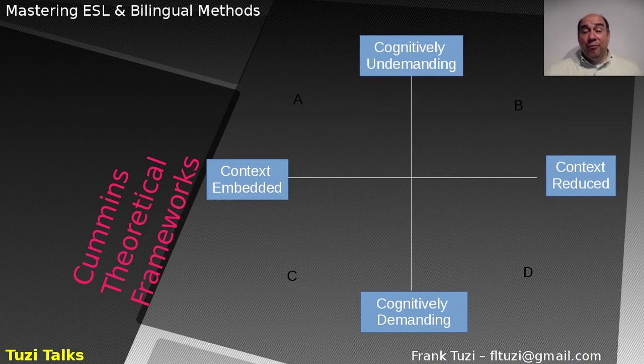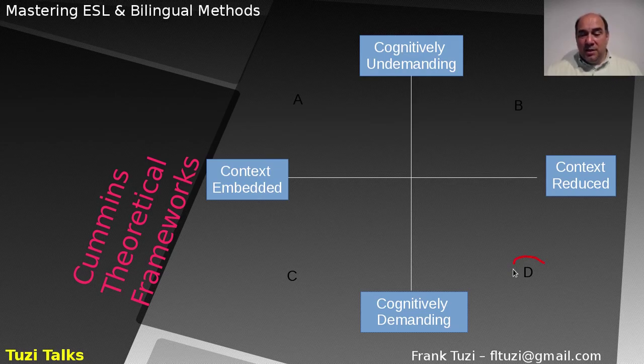Cummins' theoretical framework looks something like this, where you have these two axes, where you have something that's a little less cognitively demanding up here, something that's very demanding, and stuff that is context reduced versus stuff that is context embedded. Now, the ideal situation is going to be somewhere in the A area. That's going to be the easier stuff because it's less demanding and it's context embedded.